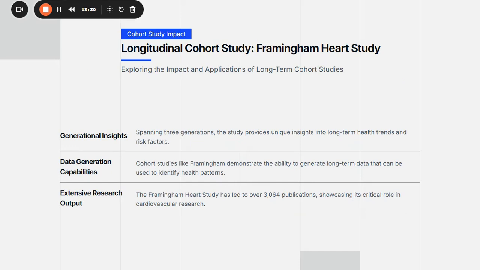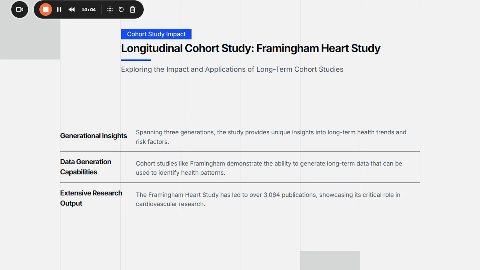Now let us take a few advantages of conducting a cohort study. This is the very famous Framingham Heart Study, which was used to determine various cardiovascular diseases. Through a cohort study, you can actually determine outcomes in generations. If you are following that cohort for quite a period of time, you can determine the outcomes for the first generation, second generation, and third generation also.